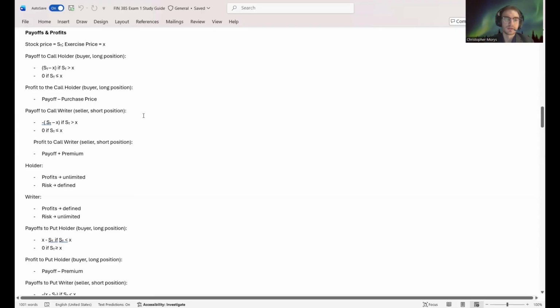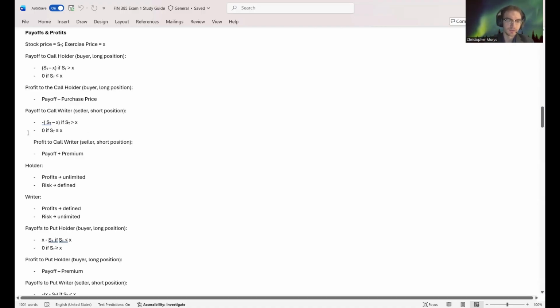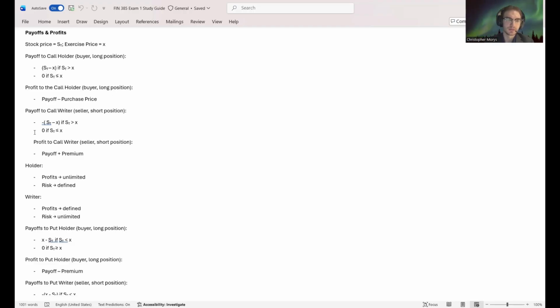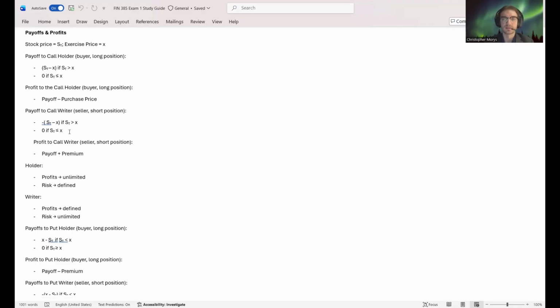Payoff to the call writer, seller, or short position. If the stock price is greater than the exercise price, your payoff is equal to negative stock price minus exercise price, that is, negative (ST minus X). And you will have zero payoff if the stock price is less than or equal to the exercise price.